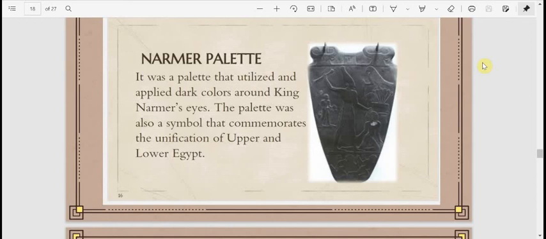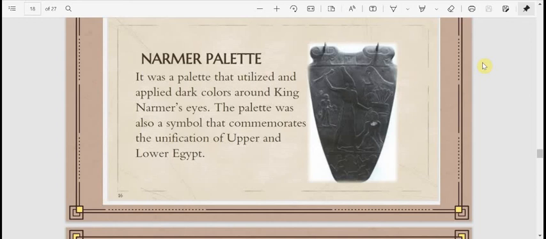He was a ruler of ancient Egypt, and at the end of the pre-dynastic period and the beginning of early dynastic period, he is often credited with uniting Egypt and becoming the first king of Upper and Lower Egypt. So the overall military symbolism on the palette is clear. Using different types of imagery, the king is shown again and again as victorious over his enemies.